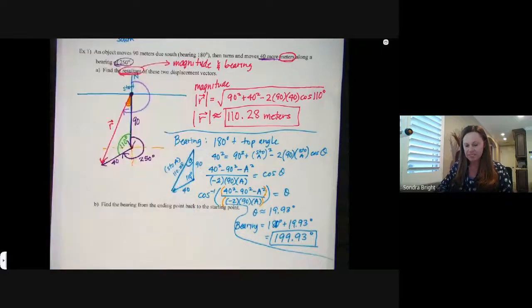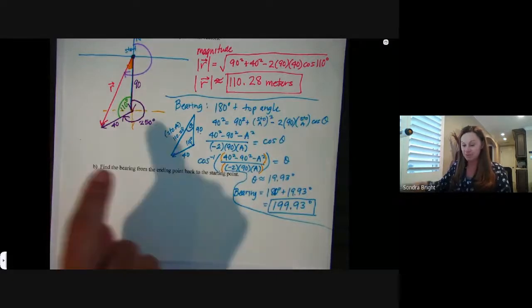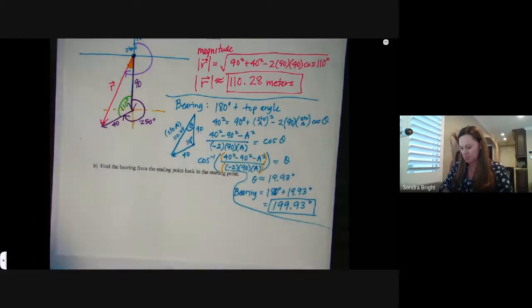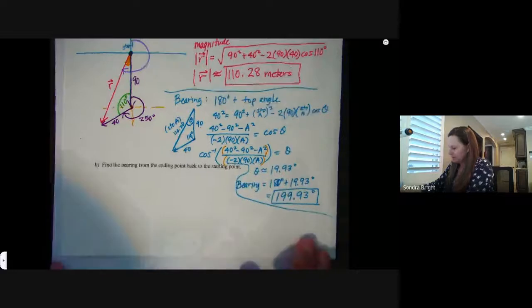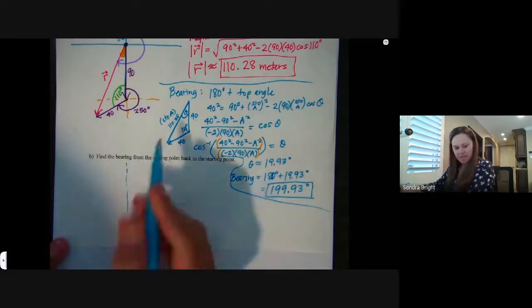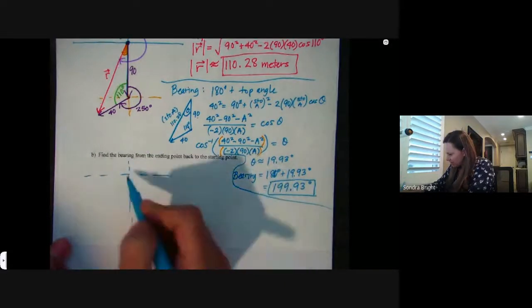Now, they also want us to find the bearing from the ending point back to the starting point. So I'm going to redraw this real quick. Here's my north, south, east, west. And then my resultant vector looked like this.